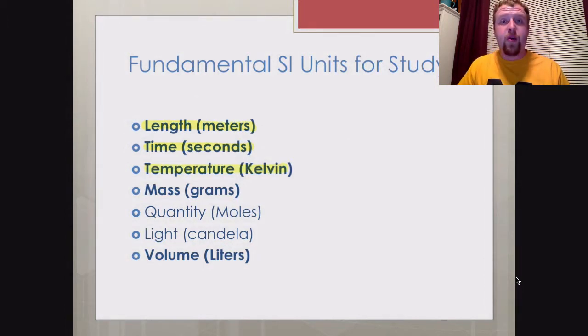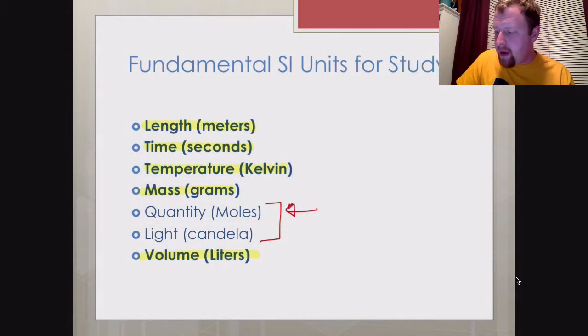Temperature is going to be crucial in our study of chemistry, as is mass. So we want to make sure that we understand them. And volume. When you get into high school, you're going to focus a little more on quantity and maybe light, but especially quantity. So we're going to talk a little bit about that to introduce you to it in this series of notes.